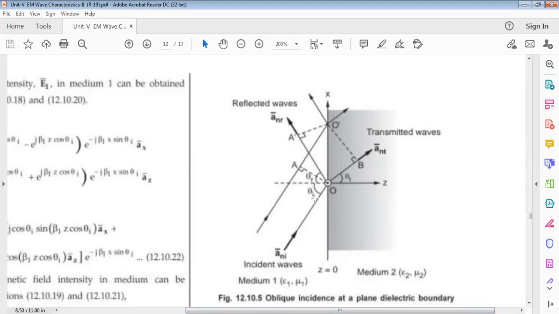The incident beam, ANI bar, with an angle of theta i; some part is reflected, ANR bar, with an angle of theta r, and some part is transmitted, ANT bar, with an angle of theta t.